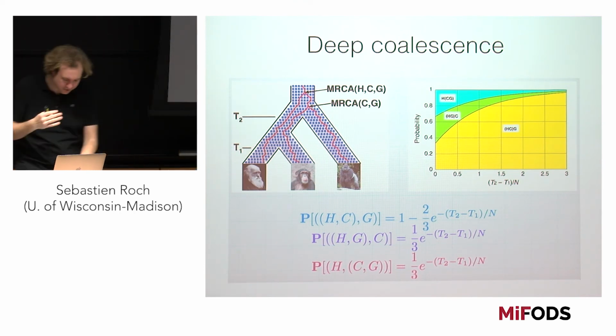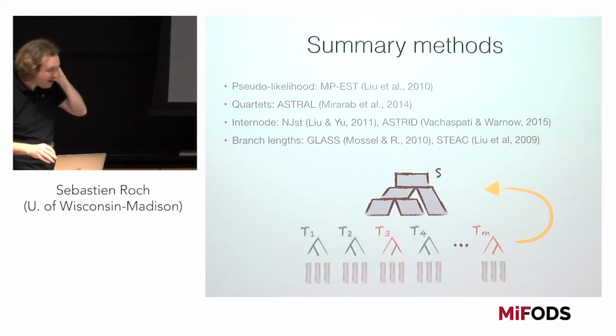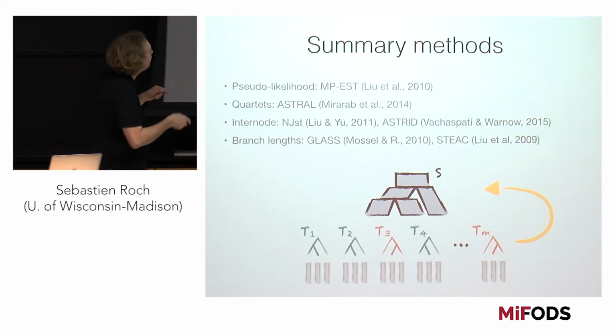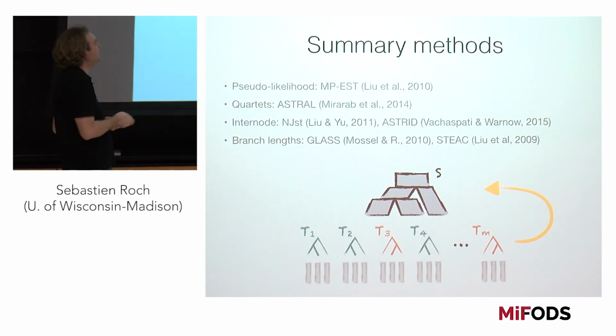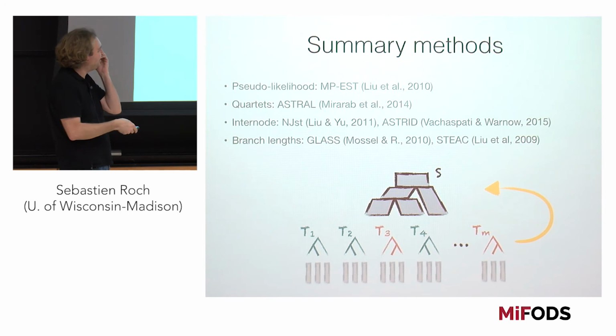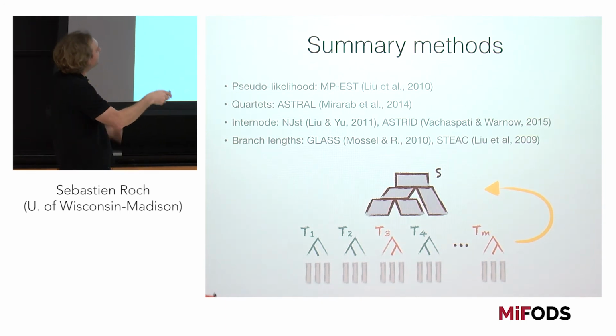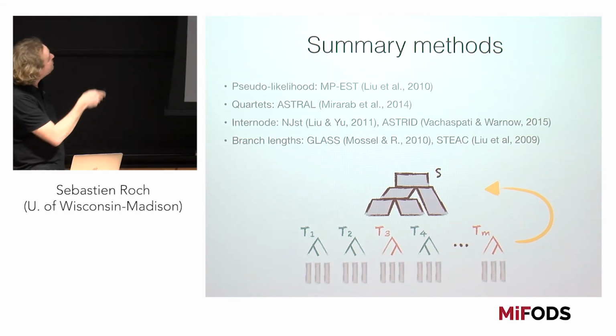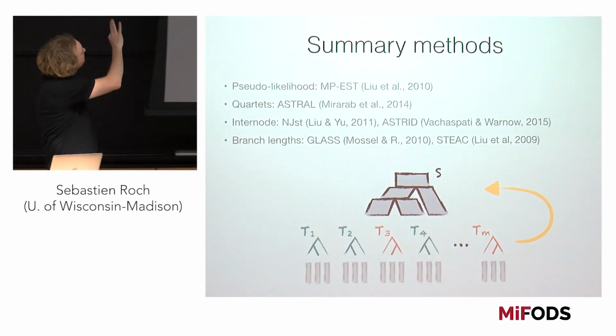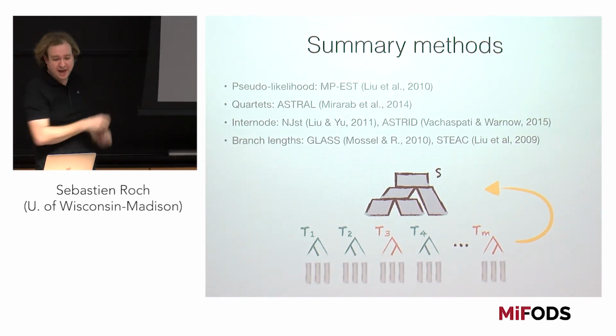And so now we have a model to compute things, and we can go back and do the same thing. That is, let me again ignore the fact that first I'm going to reconstruct trees from my sequences and then a species tree. Let's just assume that we get a collection of IID samples from the multi-species coalescent that are all correct. And then my goal is to reconstruct my species tree. These are called summary methods in this particular literature. And there's lots of different ways of doing this particular step.